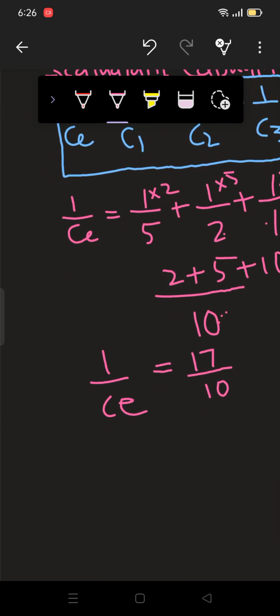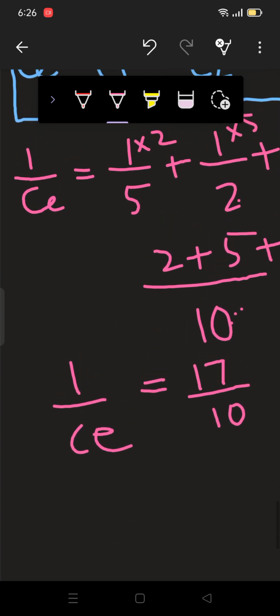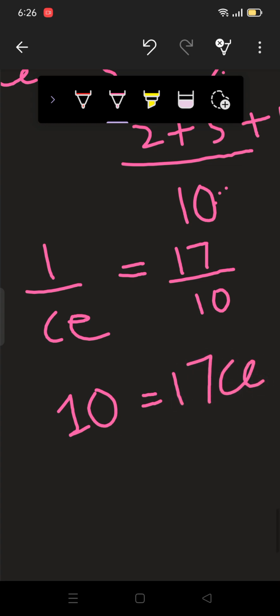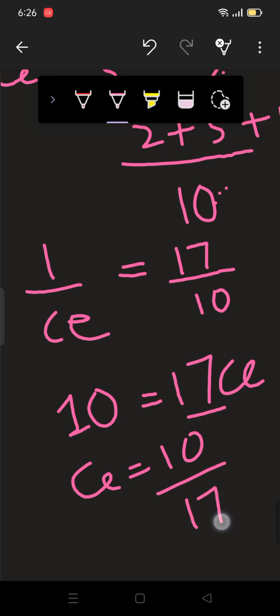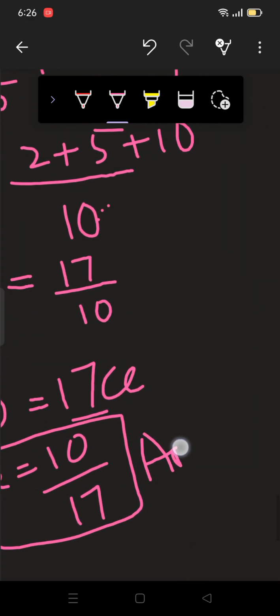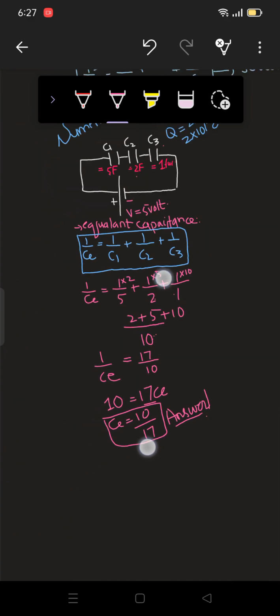Now you need to take the reciprocal of it, so you can cross multiply. 1 multiplied by 10 is 10, and 17 multiplies CE. So CE is equal to 10 upon 17. This is the equivalent capacitance.